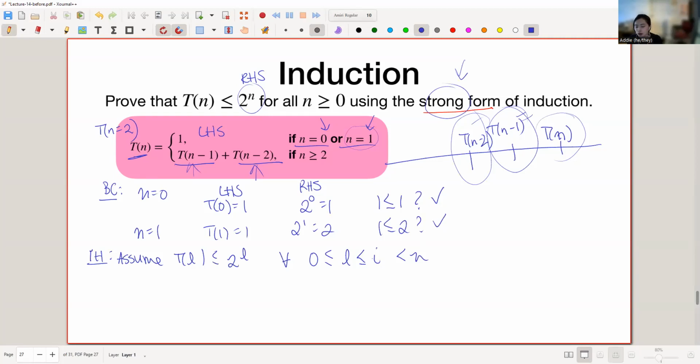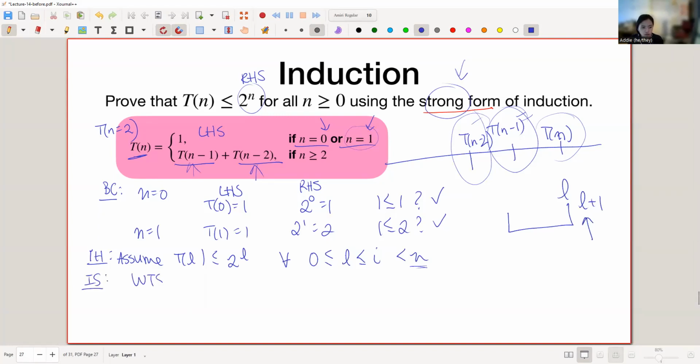Again, I might call this I, you might call this K. It's really whatever variable name you want to put there. The main point is it's not all numbers, right? We're not assuming that this holds even for n inclusive. It's just holding for some set of values up until L. And we need to prove that it holds for L plus 1. So that's going to be our induction step.